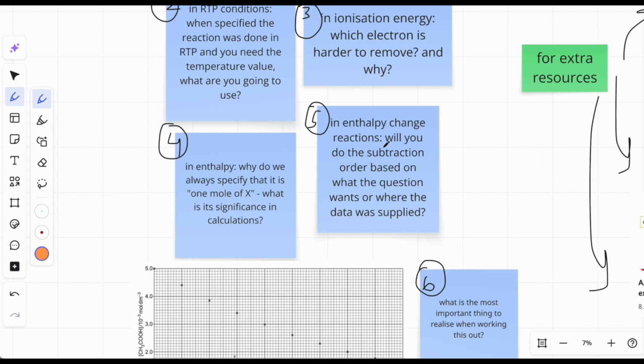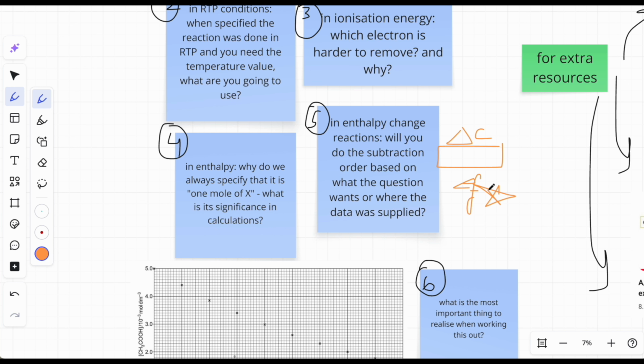And in enthalpy change reactions, will you do the subtraction order based on what the question wants or how the data was supplied? If the question wants you to work out the enthalpy change of formation, but you have combustion values in the table, how are you going to do the order? Are you going to do reactants minus products or products minus reactants?